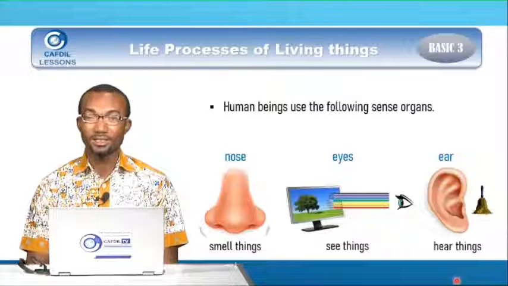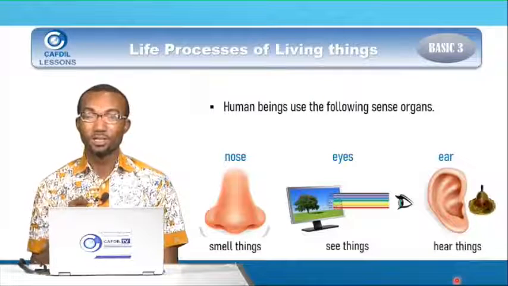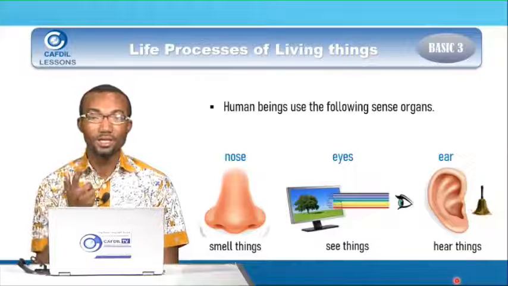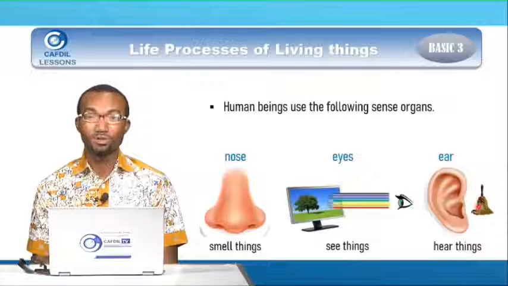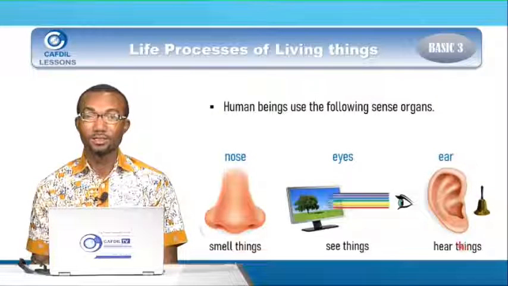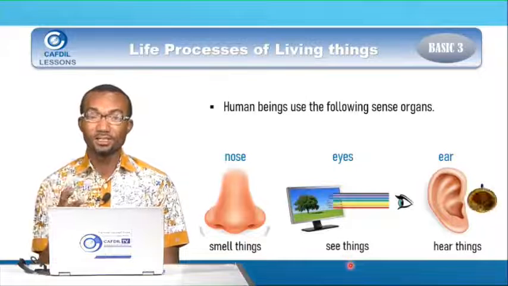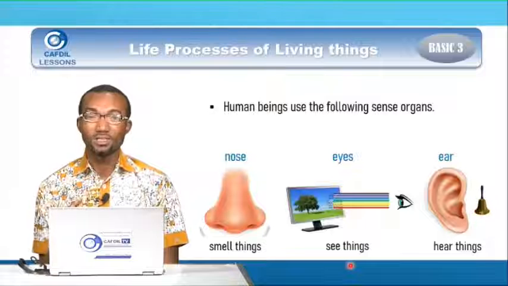If you are in class and you hear the bell for change of lesson or break, you can hear it because you are sensitive. You have a part called the ear that helps you to hear things. You can see things. When your teacher writes something on the board, as you even watch these lessons, you are watching with your eyes, and that makes you sensitive.